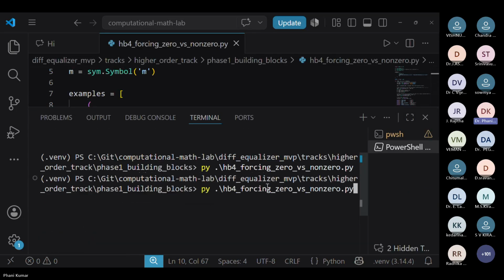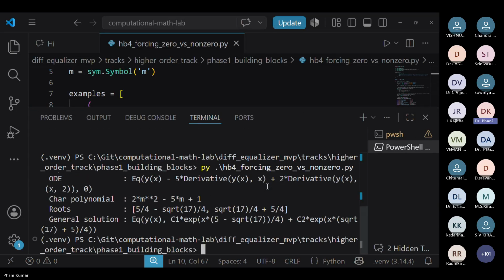Now see here, what is the characteristic equation? Now see the characteristic equation. See, this is 5 by 4 minus square root of 17 by 4. So this is C1 x power, because we are going to get some minus b plus square root of b square minus 4ac by 2a, minus b minus.